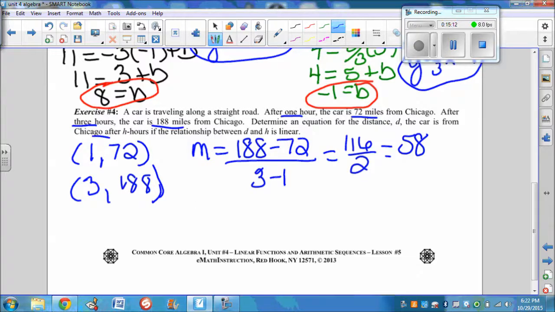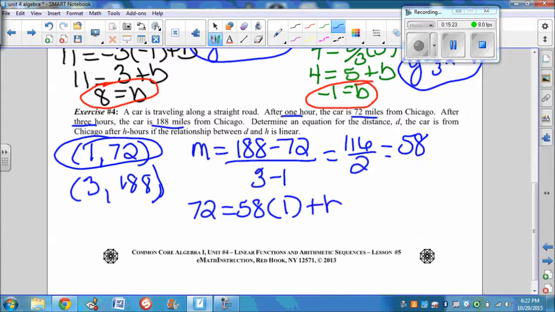I think I might pick the first point and say 72 equals 58 times 1 plus b. 72 equals 58 plus b. Subtract 58 from both sides, and we end up with b is 14.